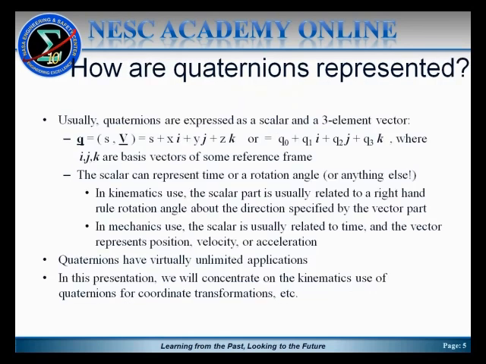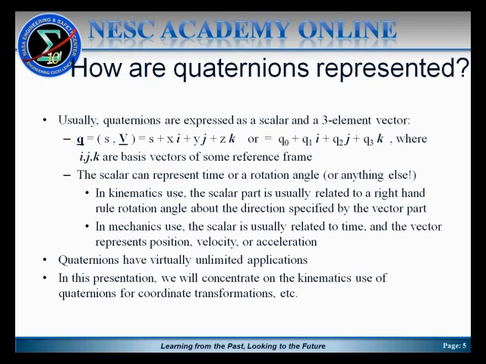How are quaternions represented? Usually quaternions are represented as a 3-element vector and a scalar part. So for instance, the quaternion Q that I'm showing here on this slide can be represented as a scalar part S and a vector part V. Notation-wise, it can be shown as a scalar and a vector in brackets or parentheses.